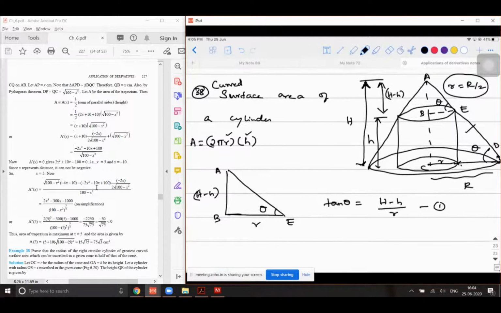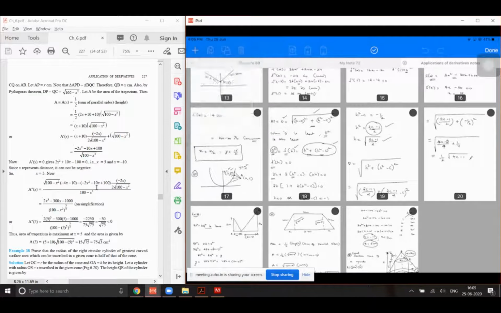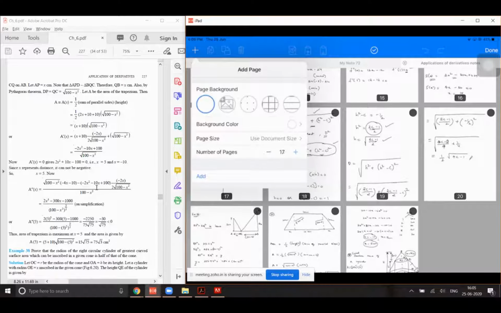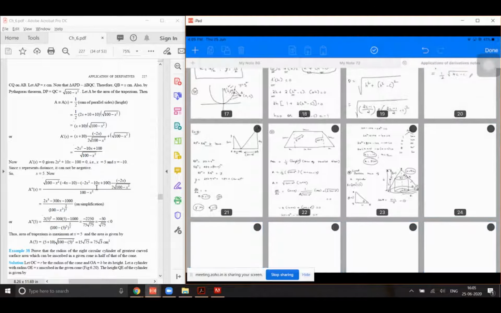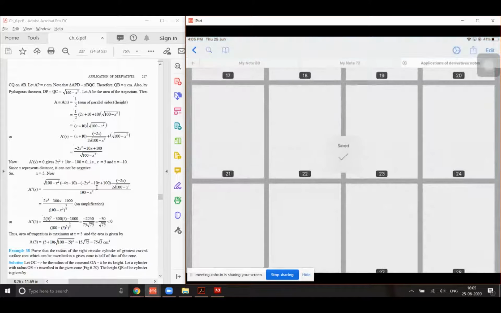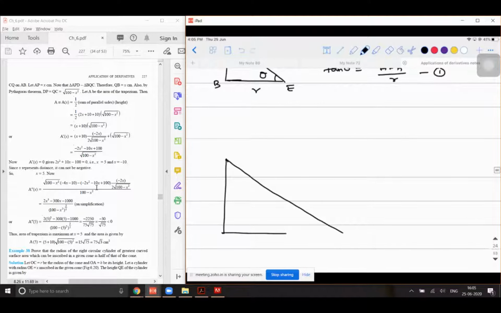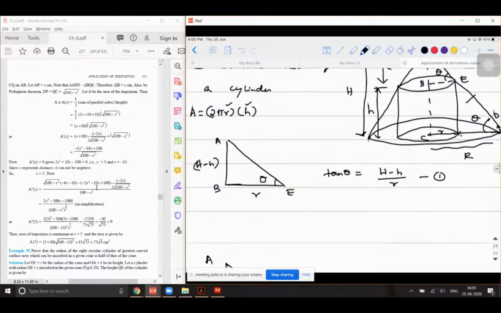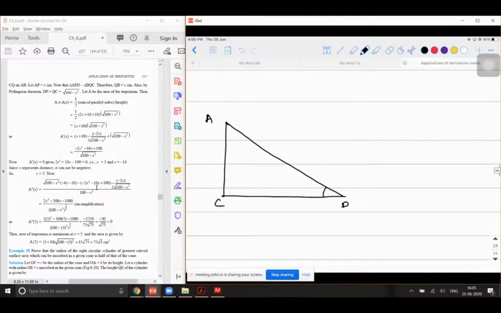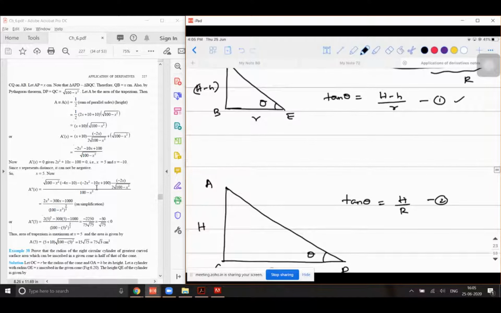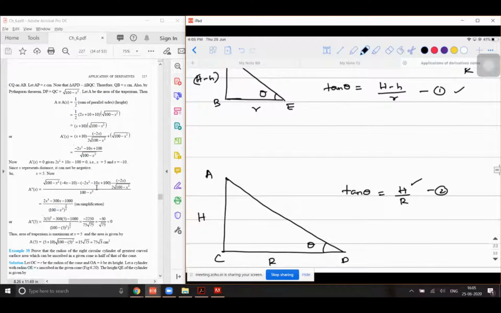Similarly, if I consider the triangle ACD, this is theta, this height is capital H, this is capital R. What is tan theta equal to? Capital H divided by capital R. Let this be 2. So capital H minus small h divided by small r will be equal to capital H by capital R.